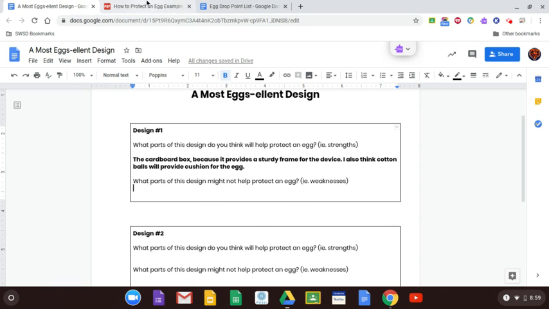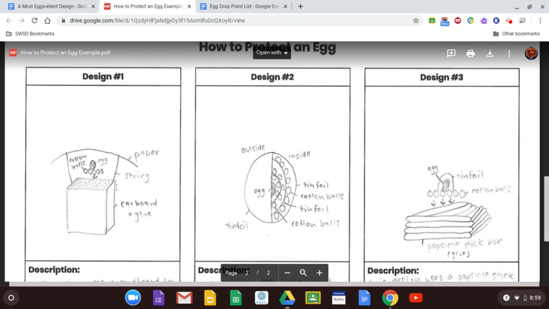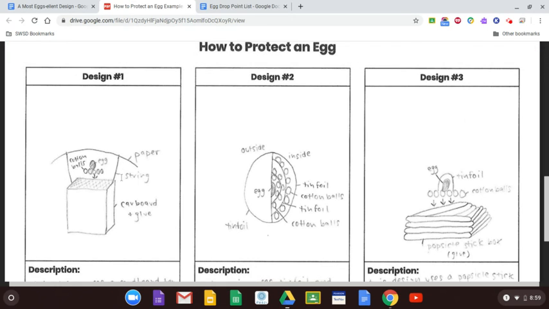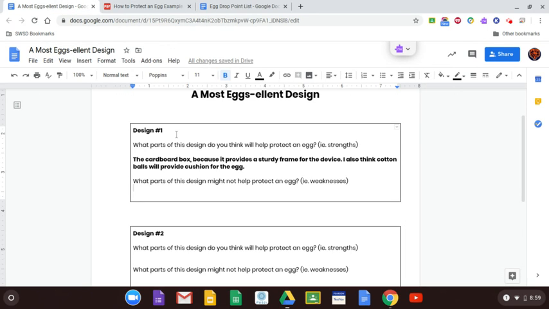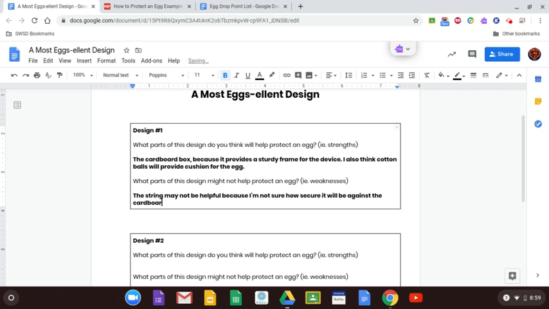If I look back at my design and I said, I don't think that the string will be able to attach well, I may say that under what parts of the design may not help protect an egg. I could say the string may not be helpful because I'm not sure how secure it will be against the cardboard and it may come off.